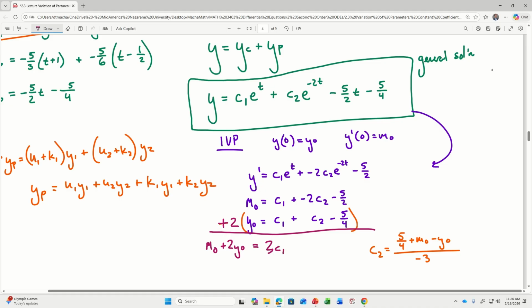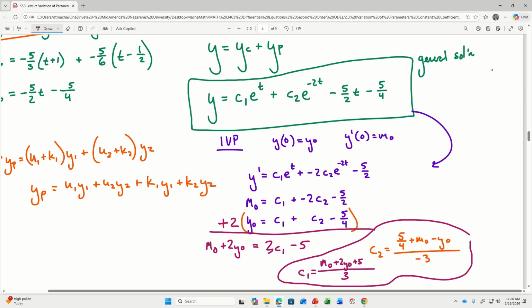The c2s would cancel. And then negative 5 halves minus 5 halves would be just minus 5, I think. And then solving for c1 means add 5 to both sides and divide by 3. Nice. That right there, those formulas for c1 and c2, this is the specific solution to my IVP.